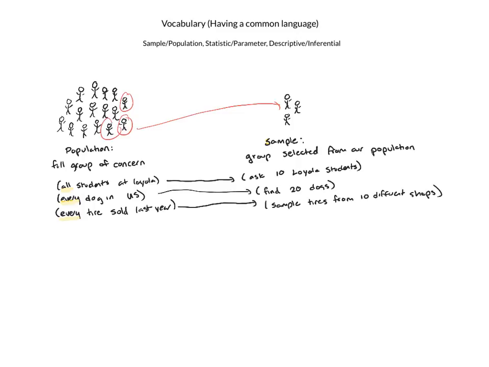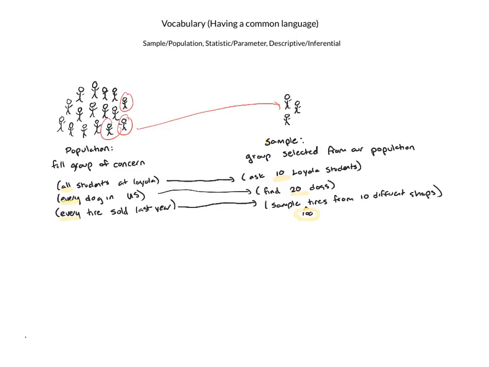And let's specify here, I'm going to sample 100 tires from 10 different shops. Now, once again, the main difference here is that I want to ask everyone, but I can't, so I'm settling for 10 instead of all Loyola students, or 20 dogs instead of every dog, and 100 tires rather than every tire sold last year. So the sample is just a selection of things from my population.